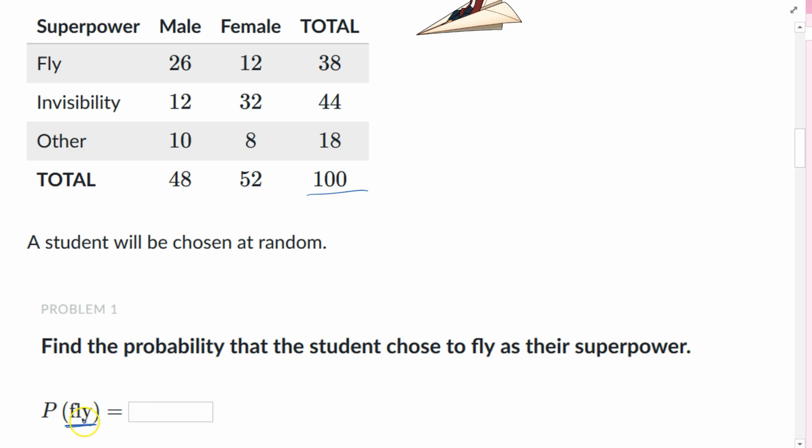So you should have, and asked for probability, so it's going to be the number that can fly over the total. So that's going to be the number of students that picked the superpower to be flying over the total. So 38 over 100, which is 0.38 or 38%.